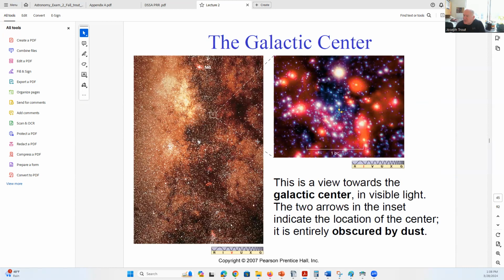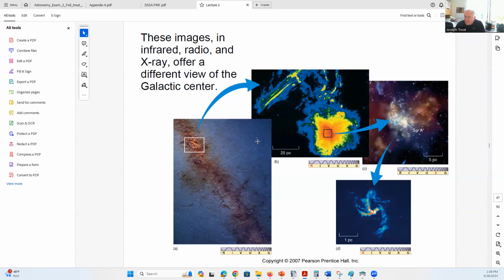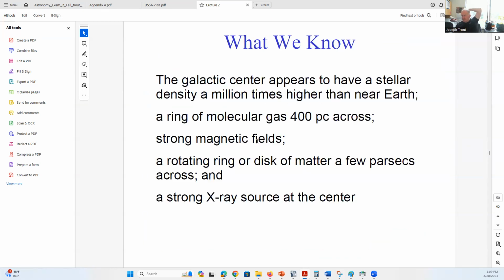So here are some pictures of the galactic center. Here are a couple of different radio, X-ray and infrared images of the galactic center. So what do we know about the galactic center?